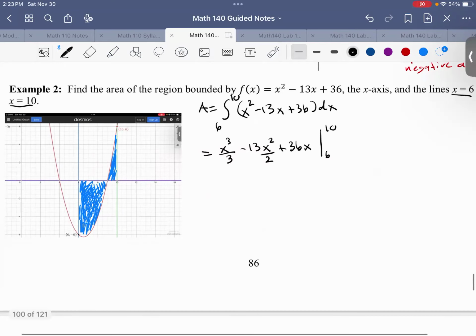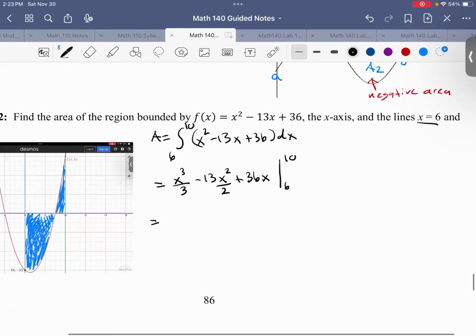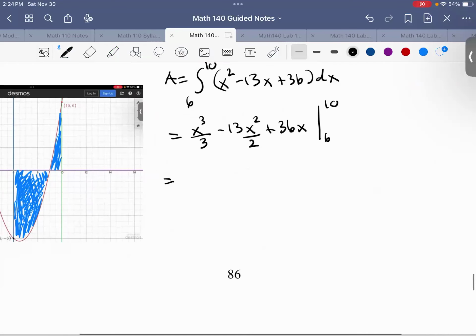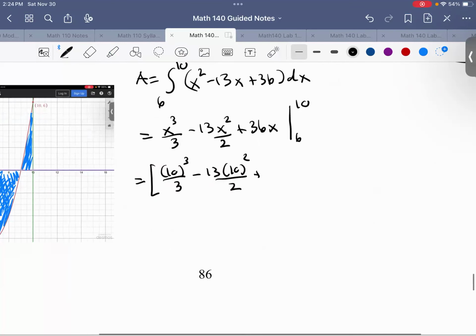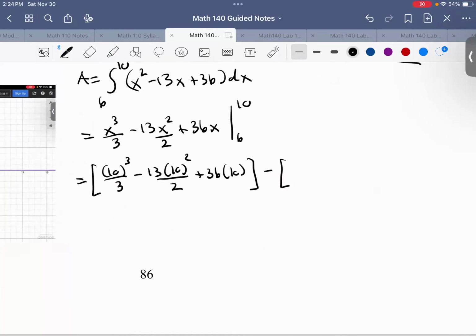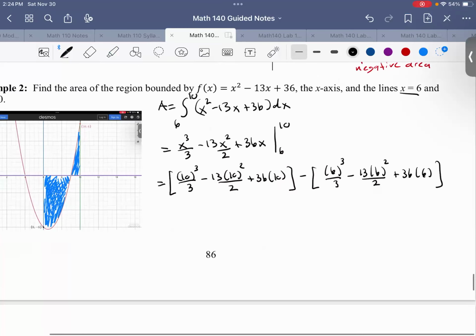Okay, so still integrating. This is where our definite integral comes into play. So this would be 10 cubed over 3 minus 13 times 10 squared over 2 plus 36 times 10, minus 6 cubed over 3 minus 13 times 6 squared over 2 plus 36 times 6. And that's my setup for my definite integral.